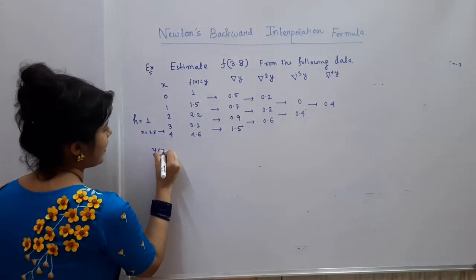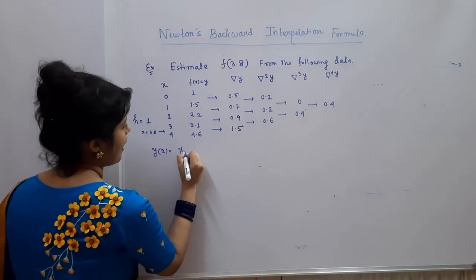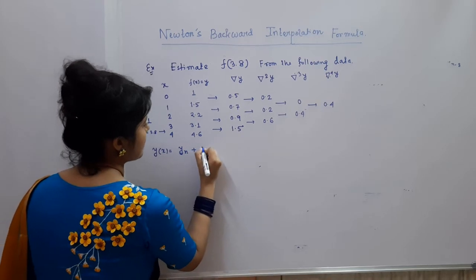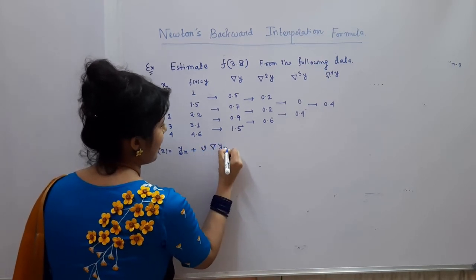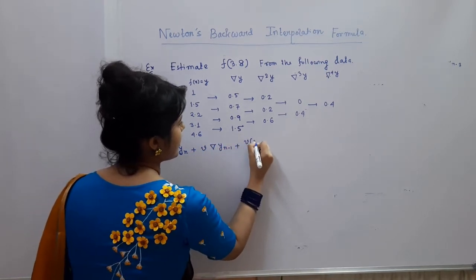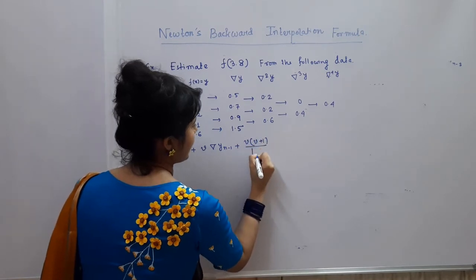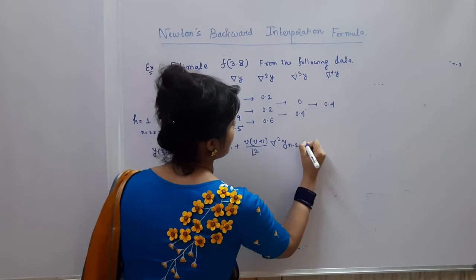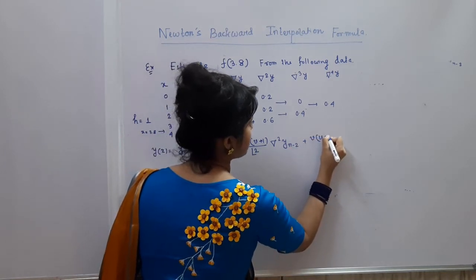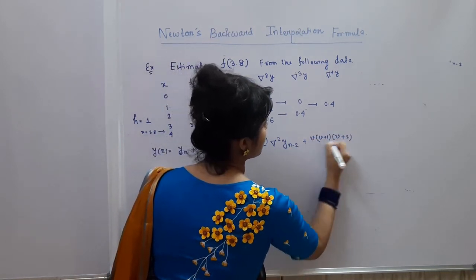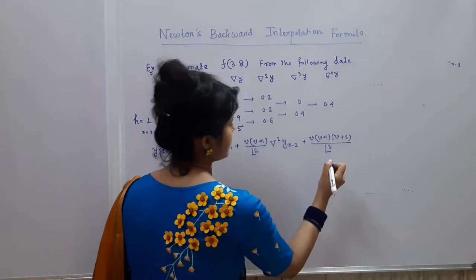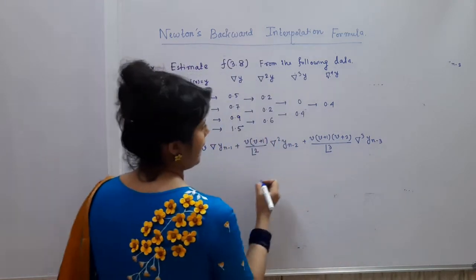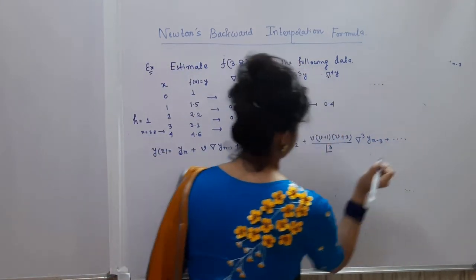That was yx equal to yn plus v delta yn minus 1 plus v into v plus 1 by factorial 2 into delta square yn minus 2 plus v into v plus 1 into v plus 2 divided by factorial 3 into delta cube yn minus 3 plus and so on.